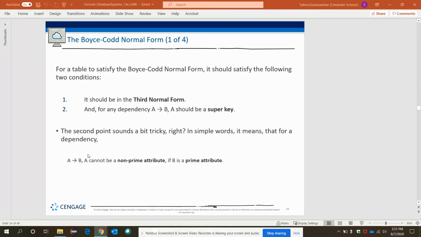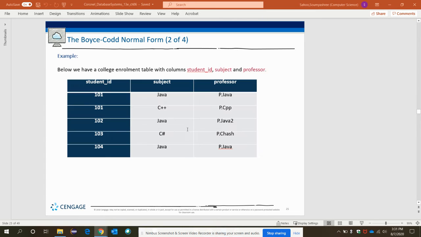In a functional dependency A to B, A cannot be a non-prime attribute if B is a prime attribute. This is the rule that we have to make sure of for the second one. Either you can go with the super key condition, or you can make sure that this one holds true for your relation: A cannot be a non-prime attribute if B is a prime attribute.